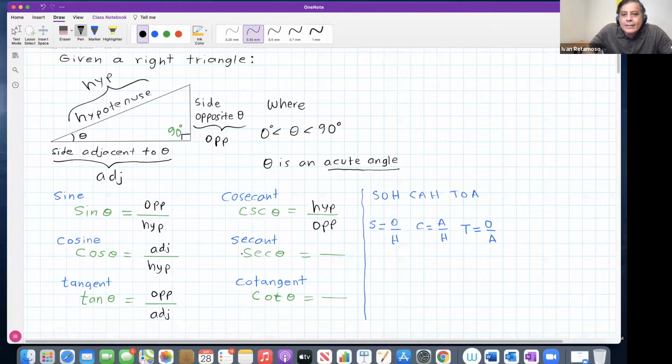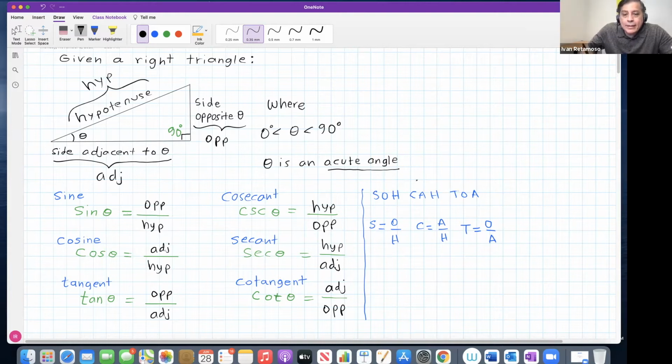Secant is what you get when you flip cosine, so hypotenuse up here, adjacent down here: hypotenuse over adjacent. And cotangent is what you get when you flip tangent: adjacent over opposite. These 3 are reciprocals of these 3, right?